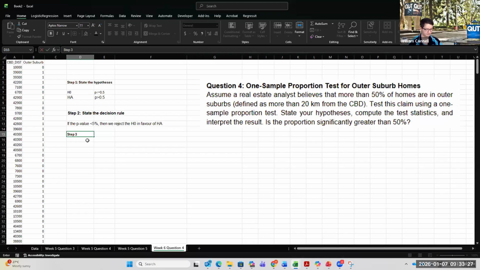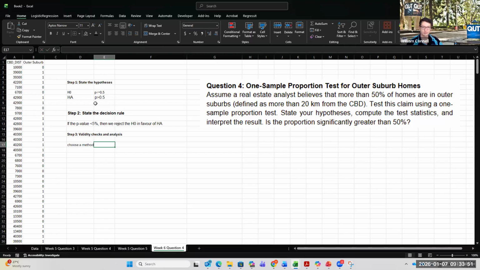Okay. Step 3. This is going to be our validity checks and our analysis. Now, there's 3 things we need to do here. We need to choose a method. And choosing a method should follow from the way that we've written our null and alternative.